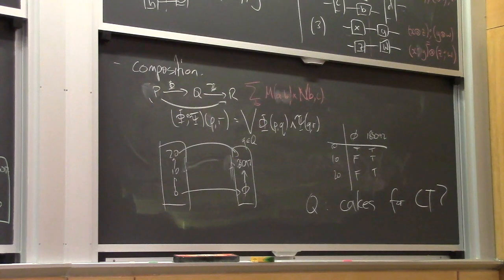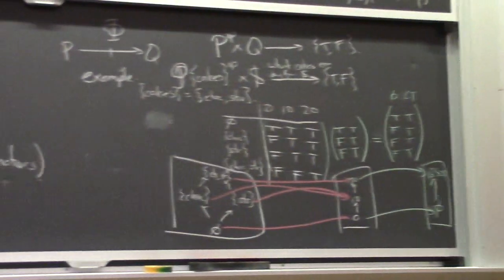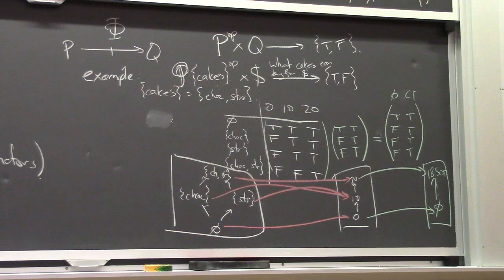That's the category structure. I promised there was a monoidal category structure, so that's that. The monoidal structure is given by the product. I guess that's what this thing says here.